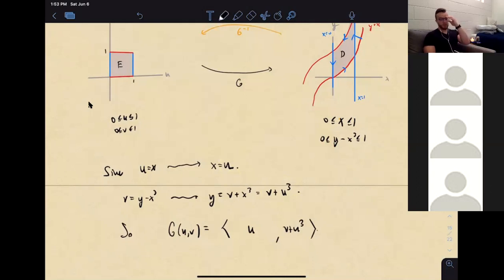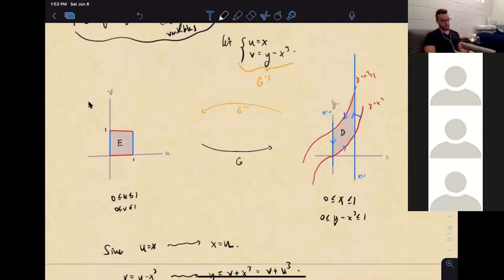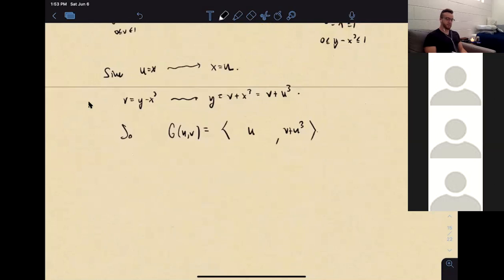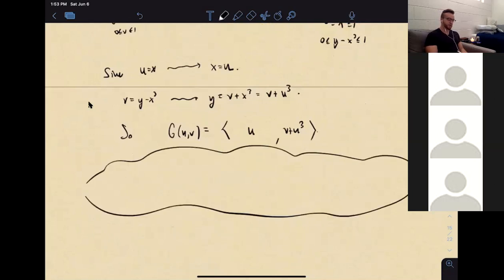Okay, so the question is maybe to think about this whole G inverse G thing again. The naming of G and G inverse is just a convention. So honestly, you can call them whatever you want, but maybe the thing to keep in mind, and this is what I'll write down next, is the abstract change of variables formula.